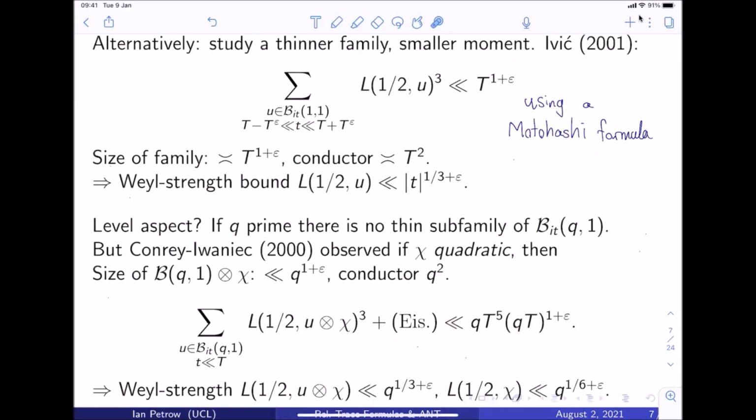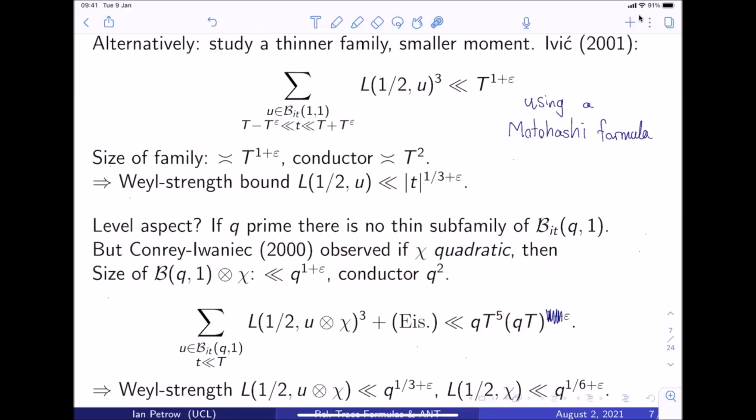cubic moment estimate. So again, I sum over a similar family here. And the key point here, any finite number would do for this 5, but this Q to the 1 plus, oh, sorry, here I've made a mistake. This should just be epsilon, not 1 plus epsilon.